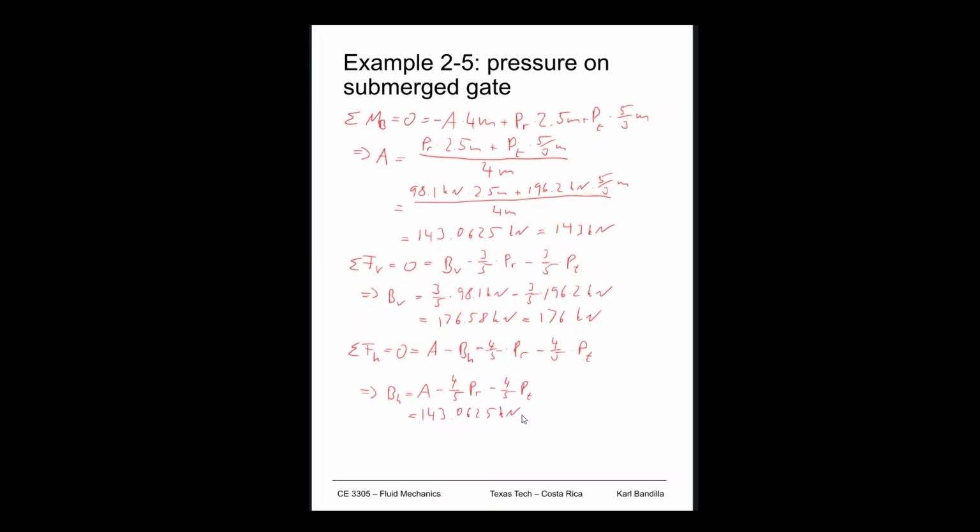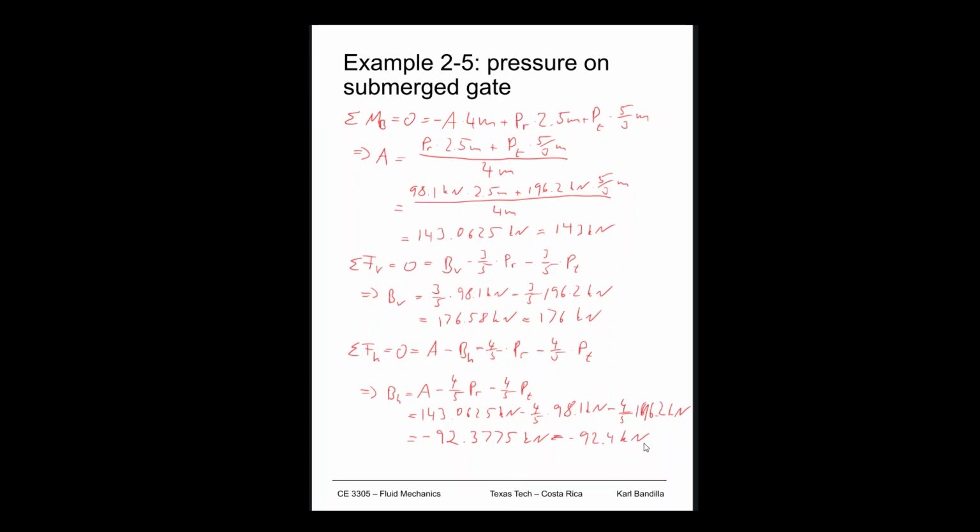143.0625 kilonewton minus 4/5 times 98.1 kilonewton minus 4/5 of 196.2 kilonewton, and if we calculate that out, we get minus 92.3775 kilonewton, or minus 92.4 kilonewton.